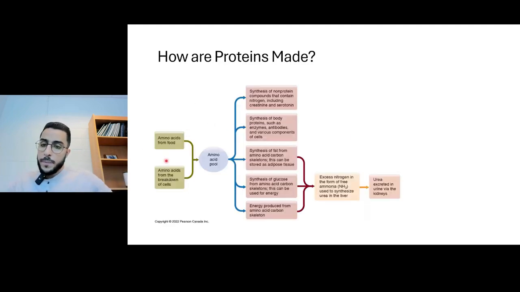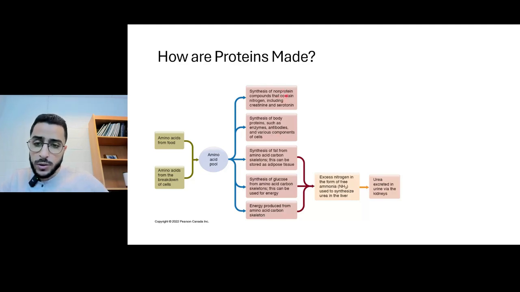And so the amino acids that you eat and the amino acids that get broken down from proteins already found in your cells are first pooled together, and then they're reused to make other proteins, like enzymes, antibodies, and whatnot.